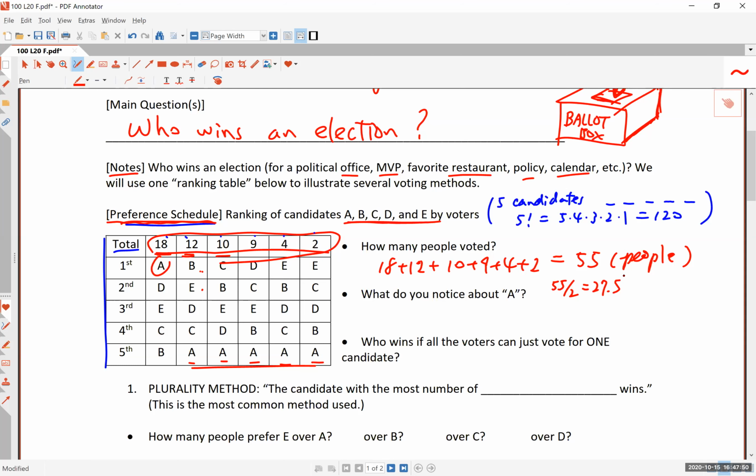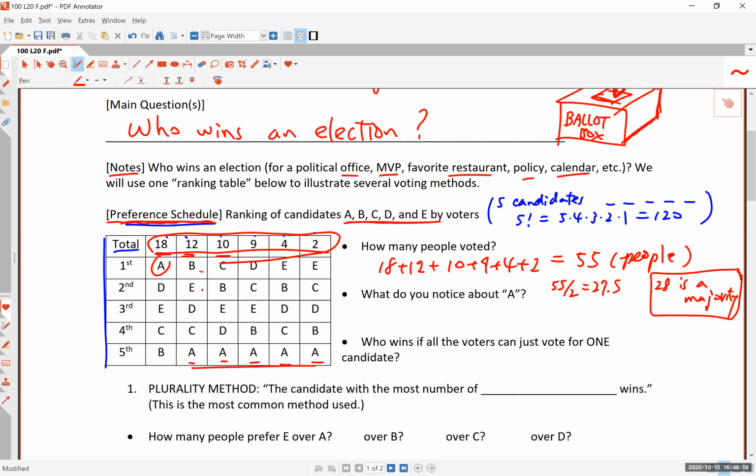So 27 people would not be a majority, but 28 is, because 28 is bigger than 55 divided by 2. So 28 is a majority in this case. That's kind of important, so take a note of this.